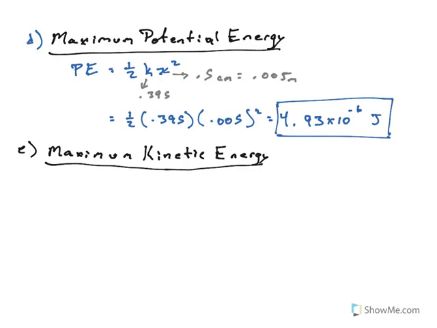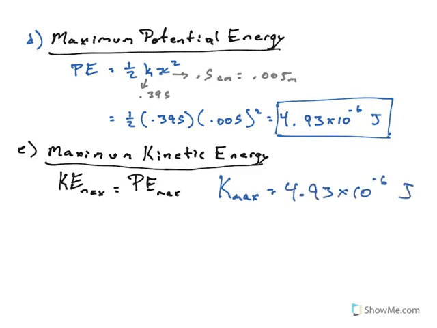Then as it gets back to equilibrium, all the energy that was potential is now kinetic. So the max kinetic must be the same as the max potential energy was. Thus, I don't even have to do any calculations. The maximum kinetic must be the same 4.93 times 10 to the minus 6 joules.